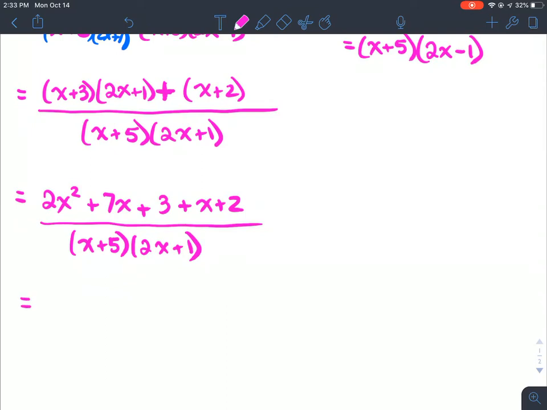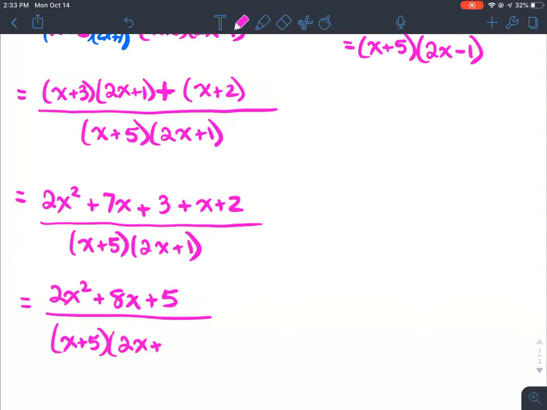Okay, then I'll just collect my like terms on top. So I got 2x squared, 7x plus x, so that's 8x. 3 plus 2, 5. Over x plus 5 times 2x plus 1. And that would be it. This would be my final answer.